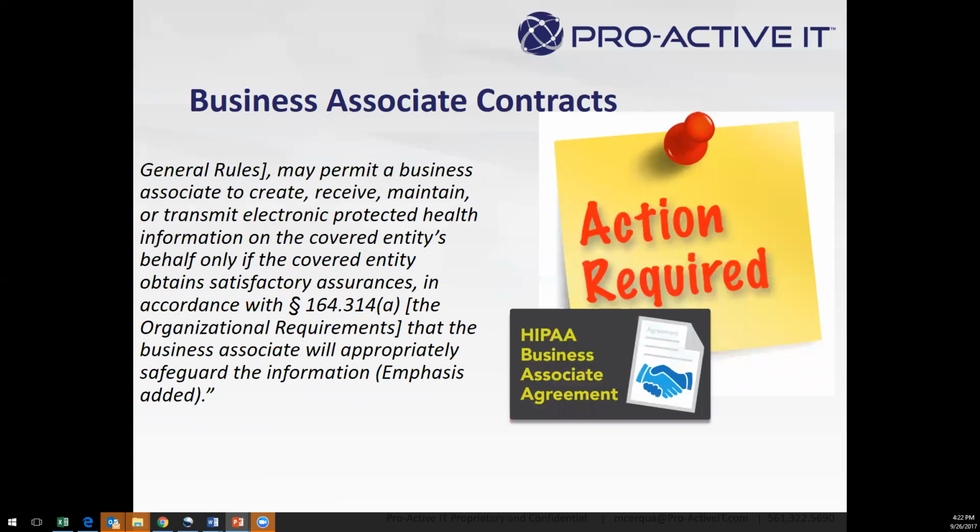And business associate contracts. The last item today, this is a very slippery slope, and with the HITECH Act and the Omnibus Rule, the Department of Health and Human Services has really cracked down, okay?